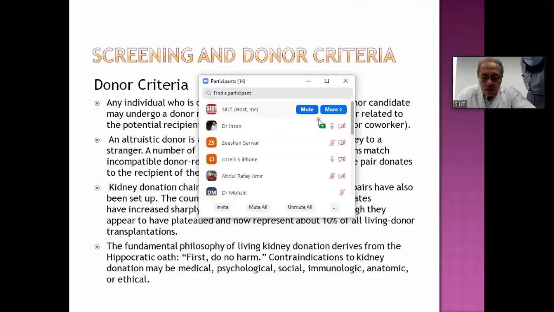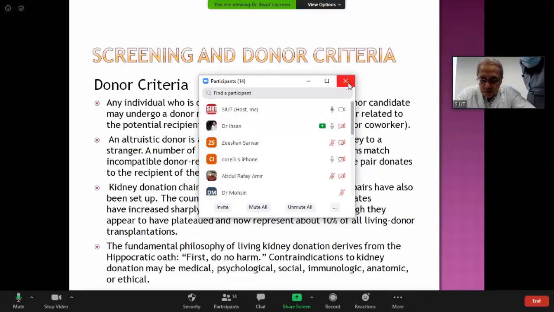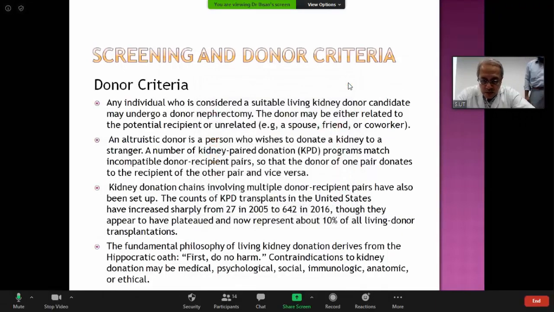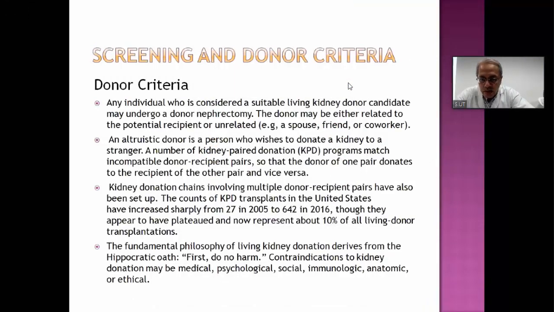So you see, there are a lot of different aspects which are related to donor and donation. It is not simply taking one kidney from a person and just allowing that kidney to go to another person who happens to be a recipient, and nobody knows who is the donor and who is the recipient.